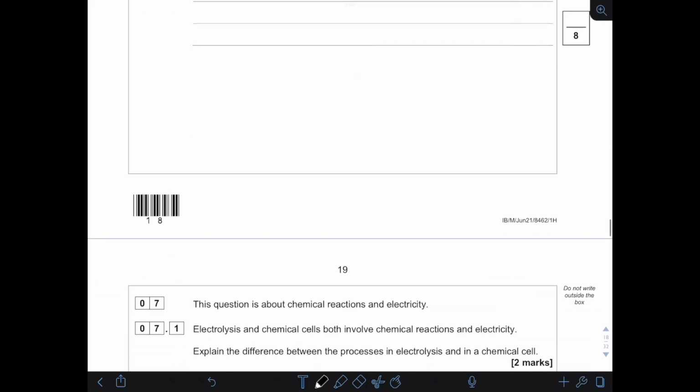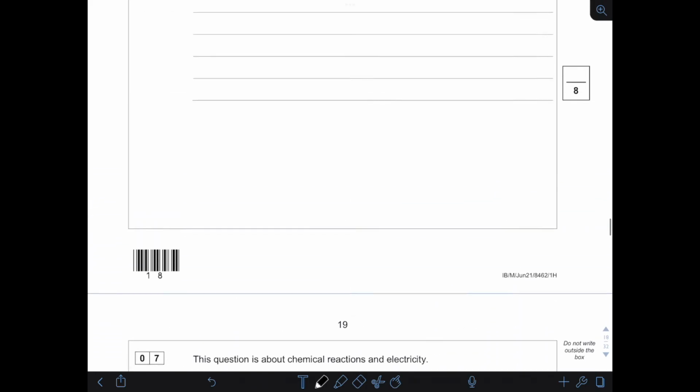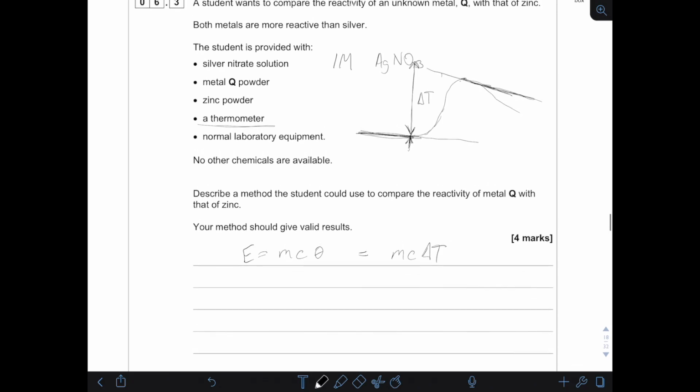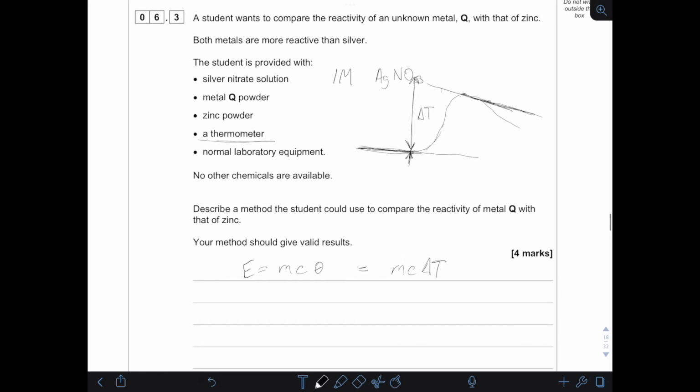But it's just a basic reactivity experiment. Also, I suppose it's quite hard. So it's 4 marks. Any fair attempt at measuring the temperature, or doing a standard solution, or the same mass or same mole, any of those would give you 1 mark.